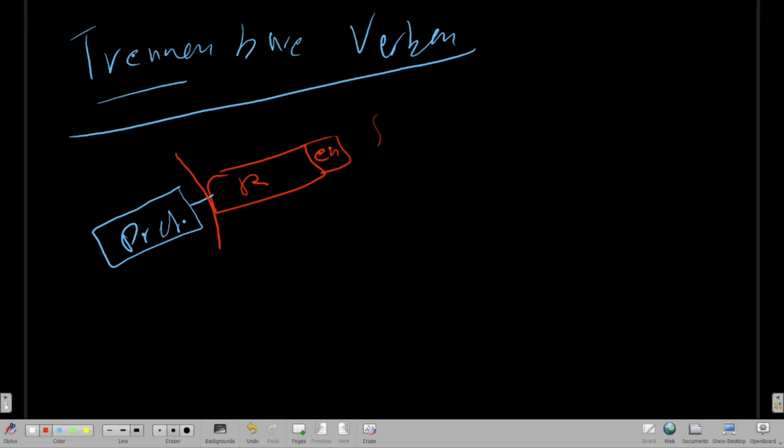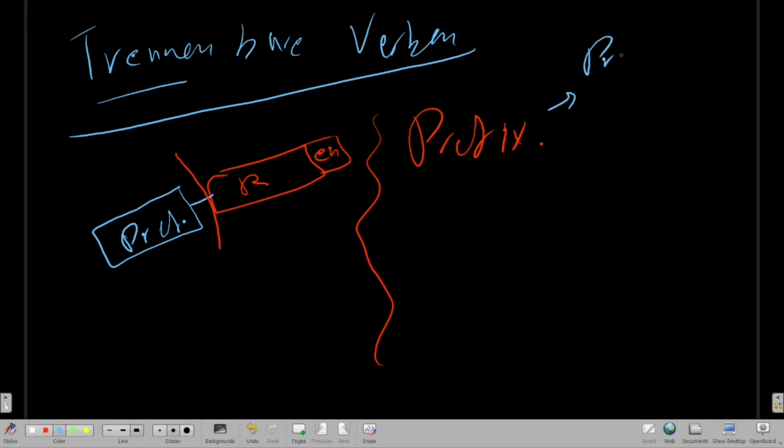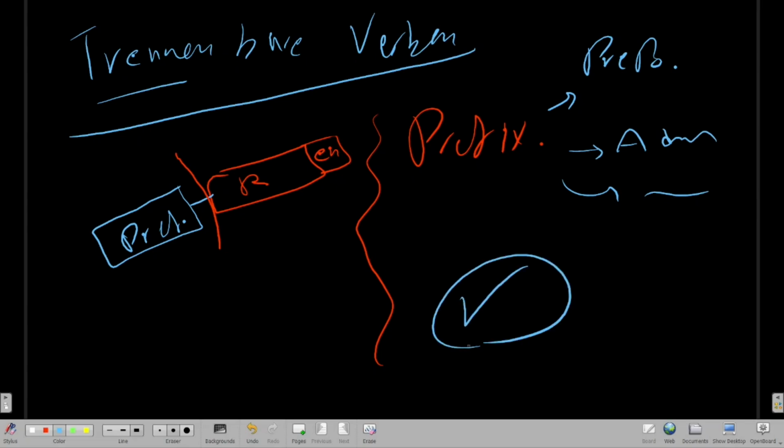So here's the point. Usually the prefix, if it's from a preposition, or some adverbs or some common nouns, it separates, so it would become a separable verb. What are some examples?